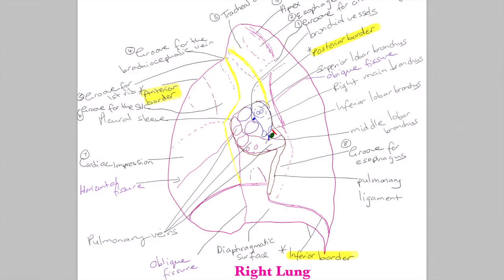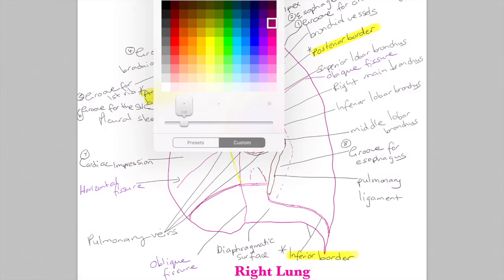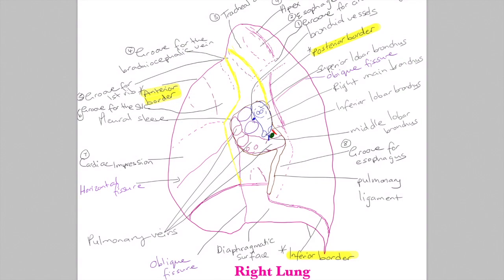The groove of the inferior vena cava. Okay. So if superior is here, inferior is here, and then you got the phrenic there.